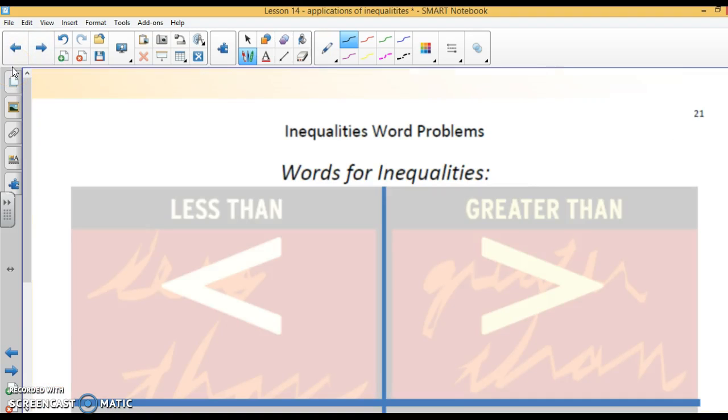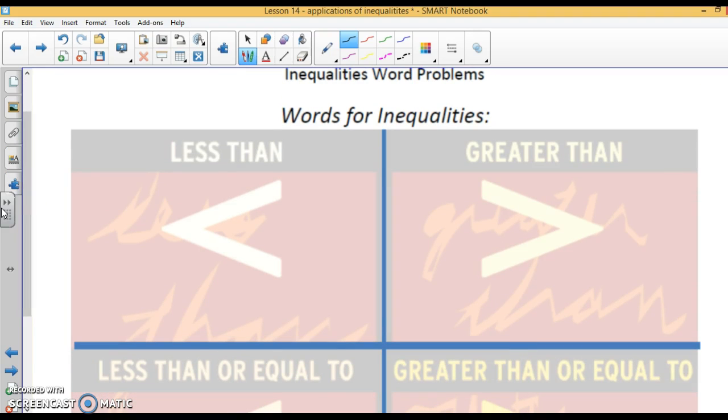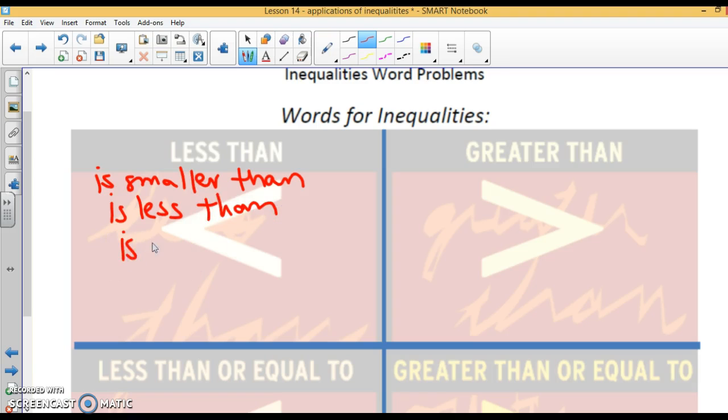All right, open up your note packet to page 21. We're going to fill in some words here. Inequalities from applications. So words that you would see that mean less than: is smaller than, is less than, is under, beneath.